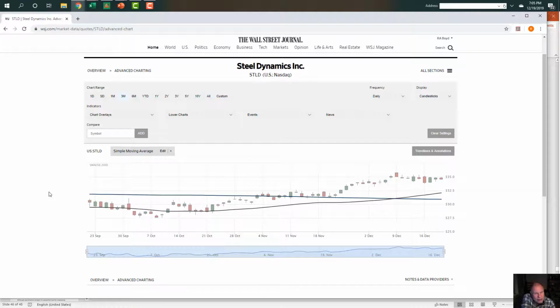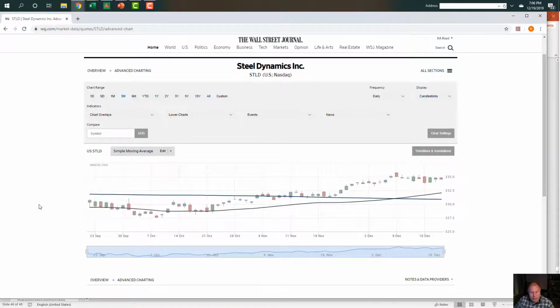So what we can see is the blue line that runs this way is the 50-day. This line right here is the 200-day moving average, and this line here is the 50-day.